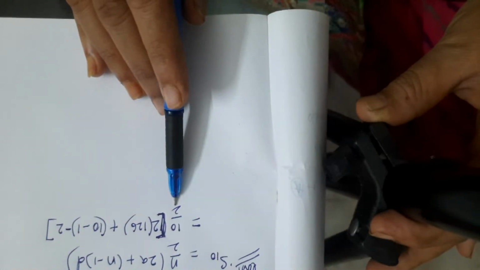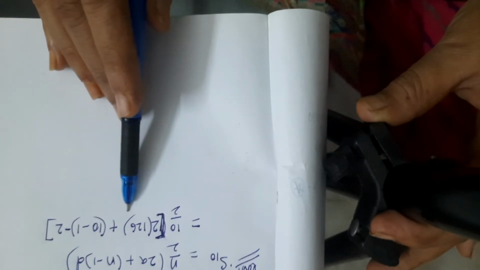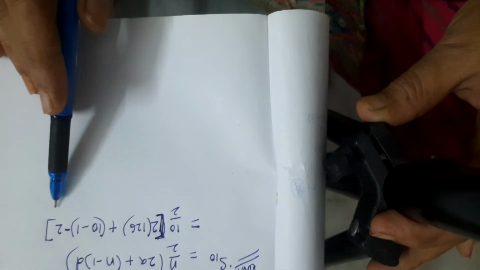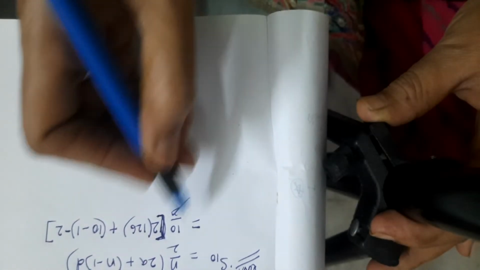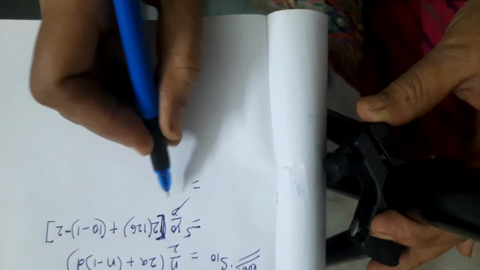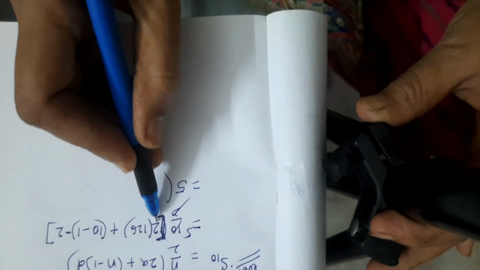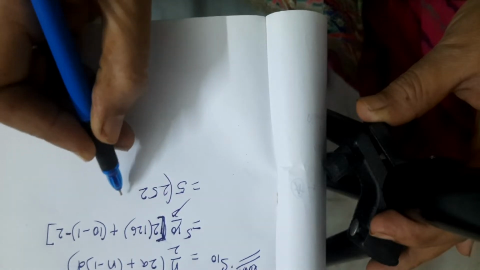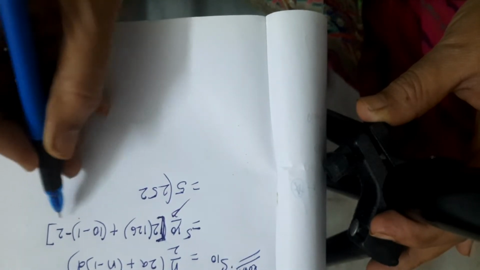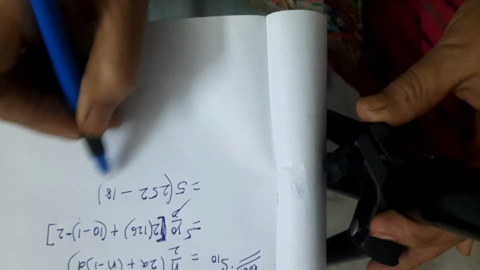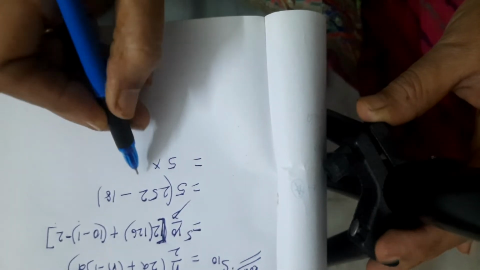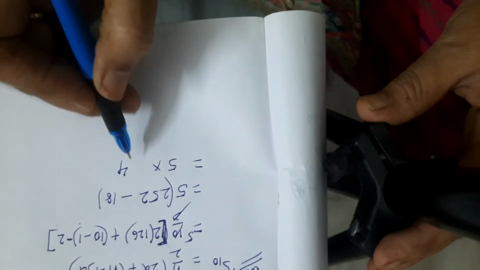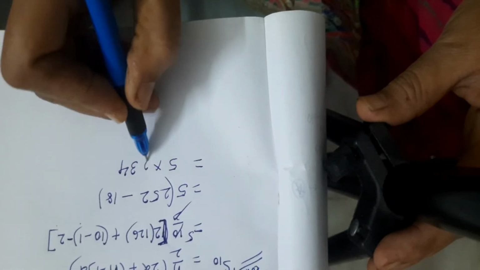Now n is 10, so 10 upon 2, 2 multiplied by 126, as we got the 60th term to be 126, plus (10 minus 1), d is minus 2 here. 2 fives are 10, so 5 multiplied by 252, minus 9 twos are 18, so 252 minus 18 is 234.